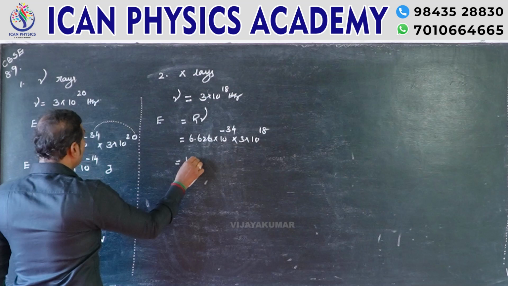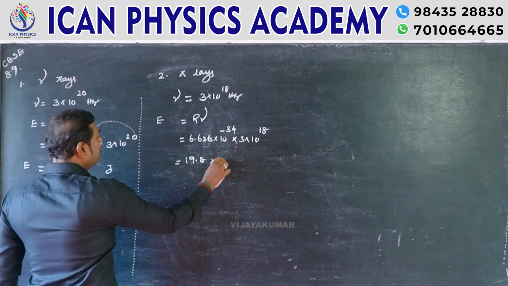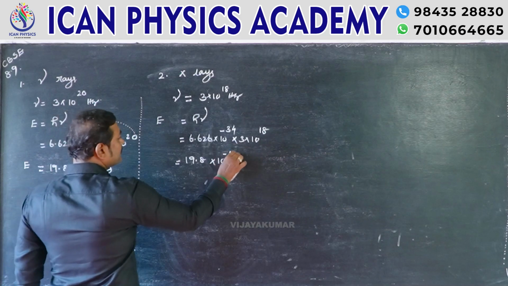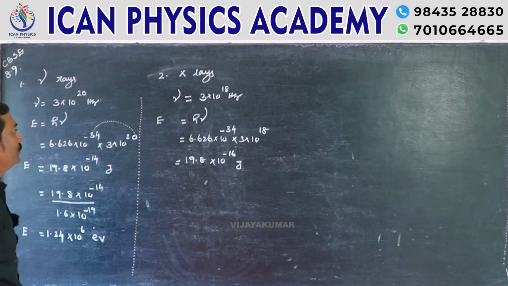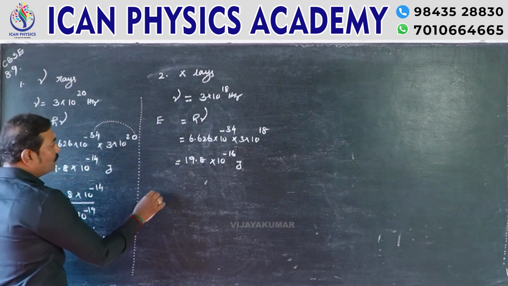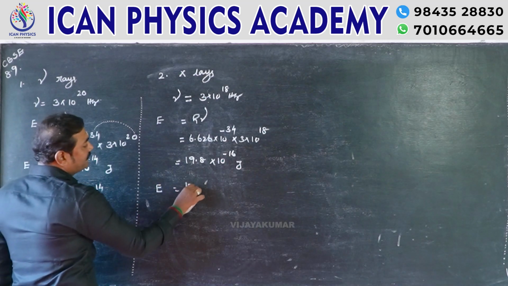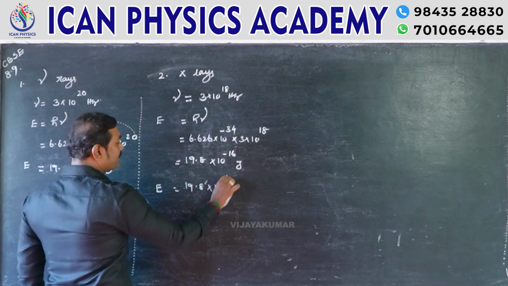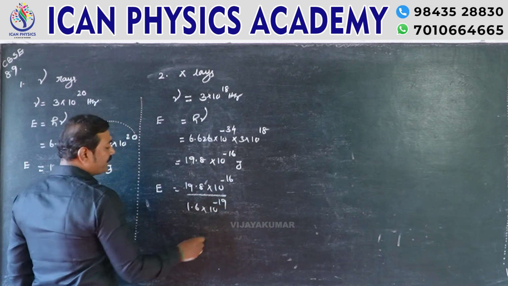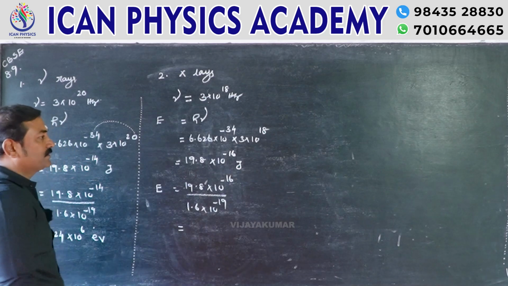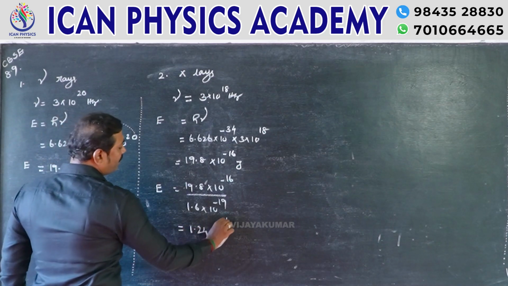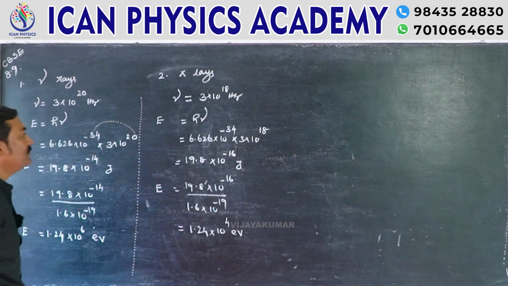So 19.8 into 10 to the power minus 16, this much of joule. Okay. So from that, we can convert it into electron volt. So energy equal to 19.8 into 10 to the power minus 16 divided by 1.6 into 10 to the power minus 19. So we can get 1.24 into 10 to the power 4, this much of electron volt.